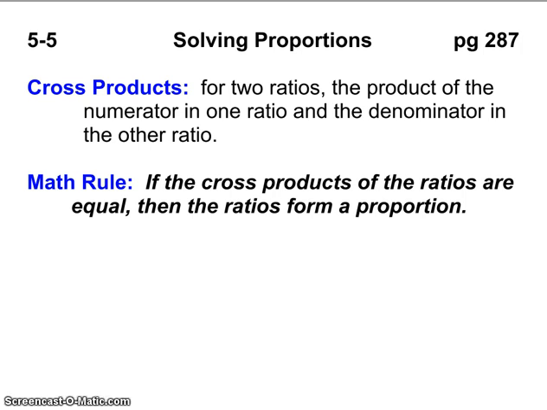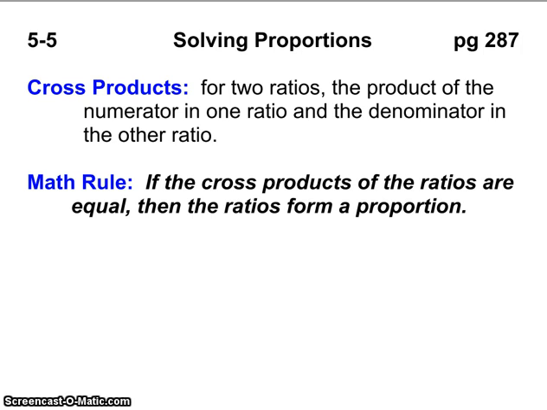Remember, a proportion is saying that two ratios are equal to each other. And we've talked the past couple days about direct variation and proportional relationships that all tie back into unit rates. So we're going to have one more part of this lesson, which is solving proportions.